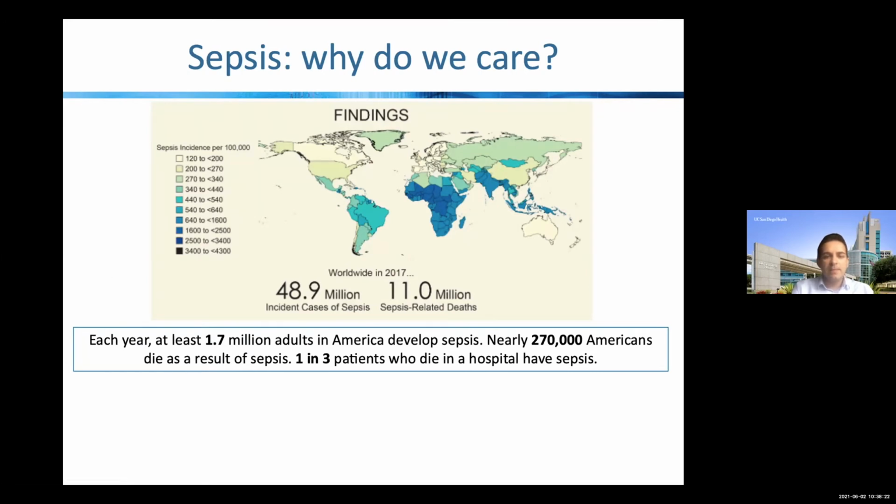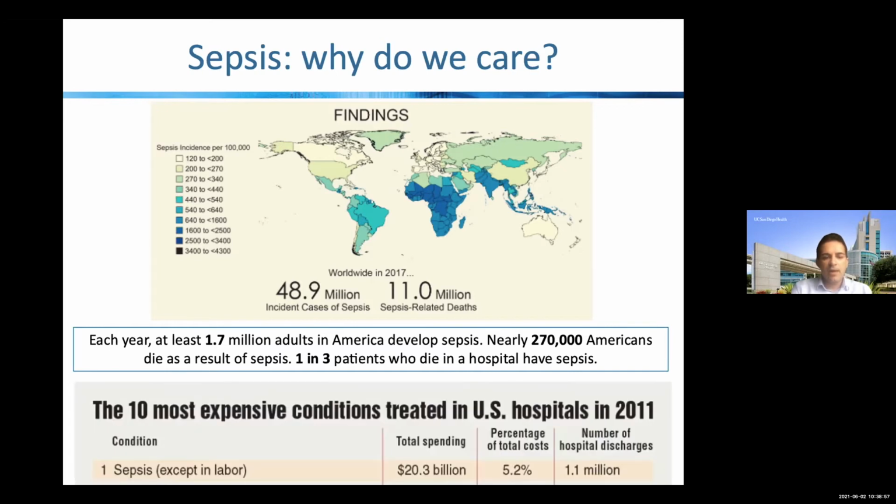Sepsis is a condition involving a dysregulated immune system response to infection, which, if untreated, may result in end organ damage and ultimately death. Sepsis is a big problem worldwide. Around 48.9 million people every year get sepsis. Mortality is very high. Within the United States, we have 1.7 million cases of sepsis every year, and 270,000 Americans die of sepsis.